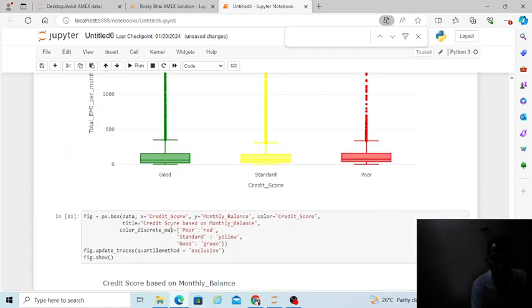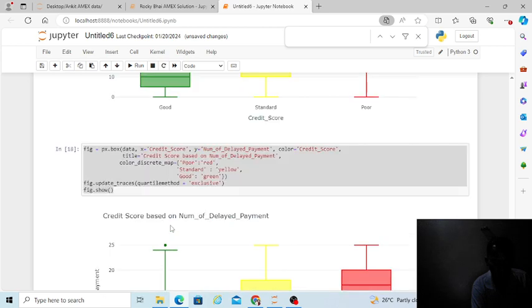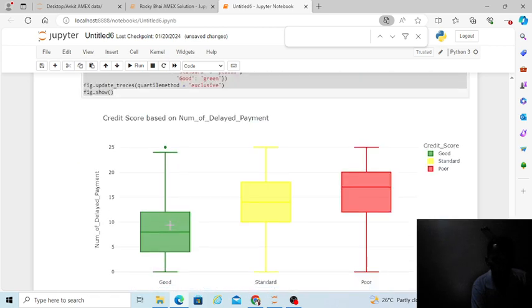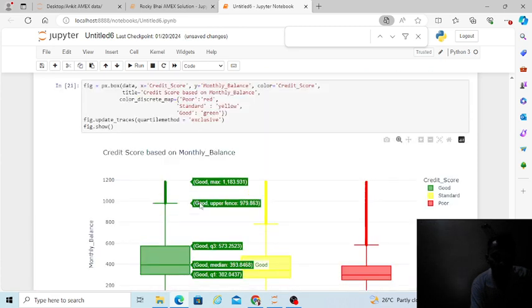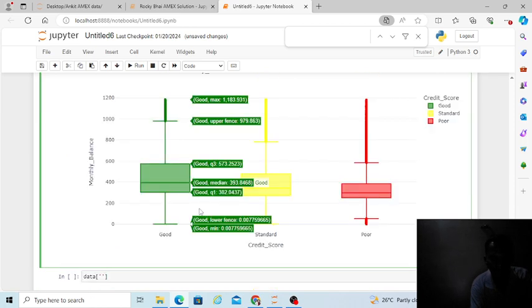Before that, I will convert this categorical column of our credit score, that is good, standard and poor, into numerical column. I'll pick data credit score.